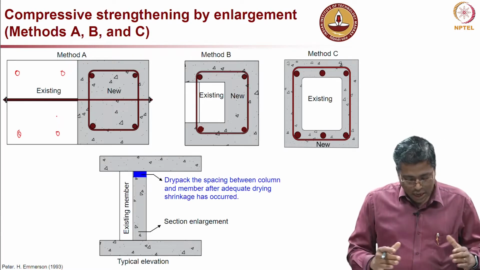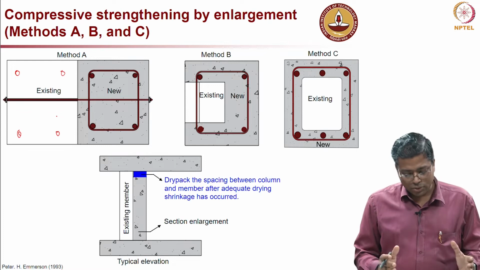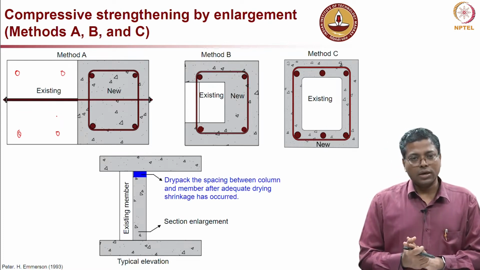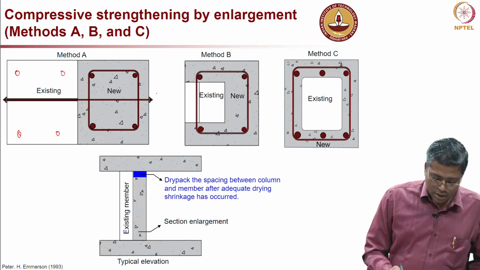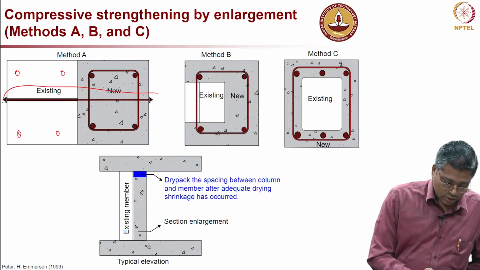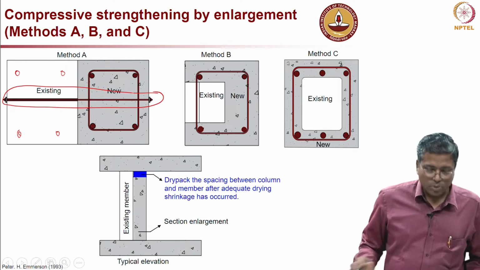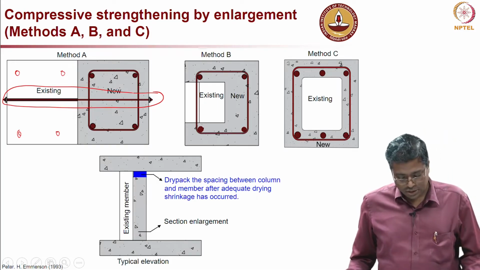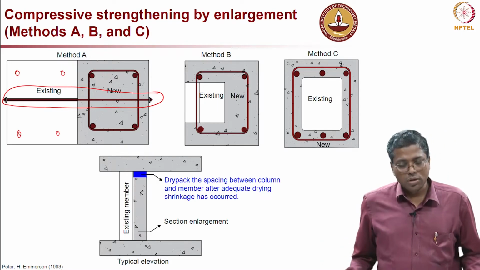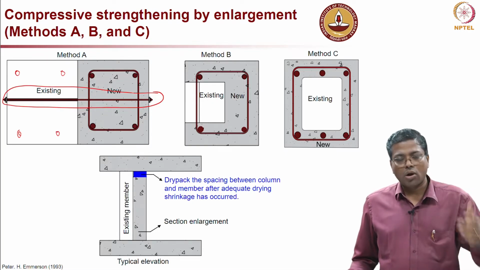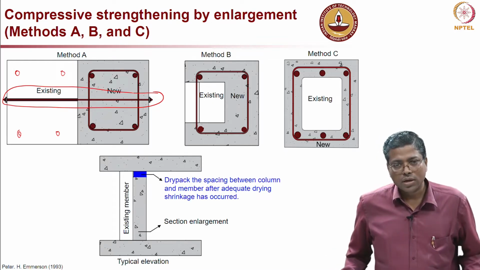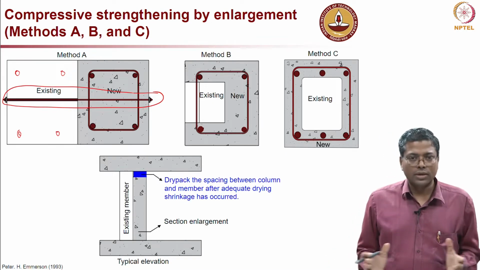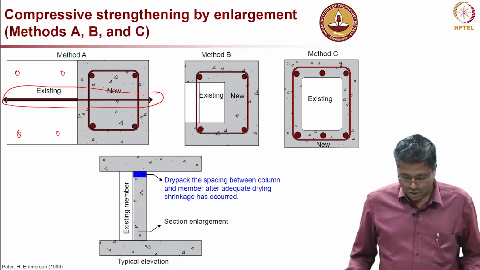Now let us see how the new concrete is integrated with the existing concrete: by a post tensioning tendon. You can see here there is a post tensioning system which holds the two together. If you are talking about a column several feet tall, you can have multiple of these tendons which will hold the entire system together.